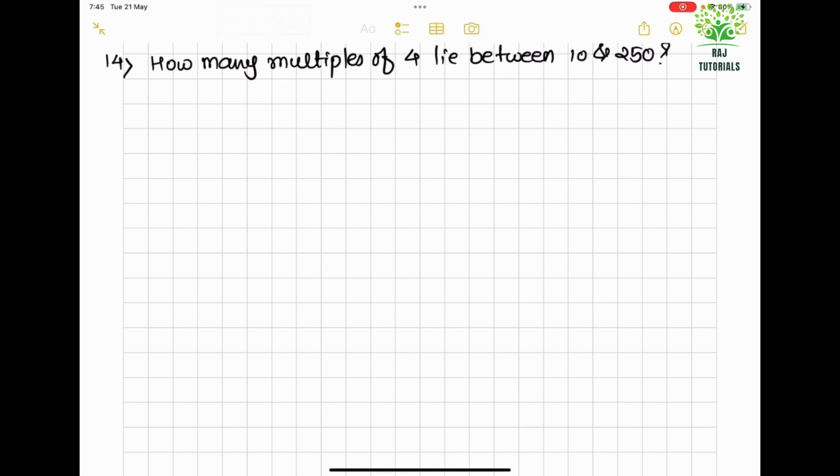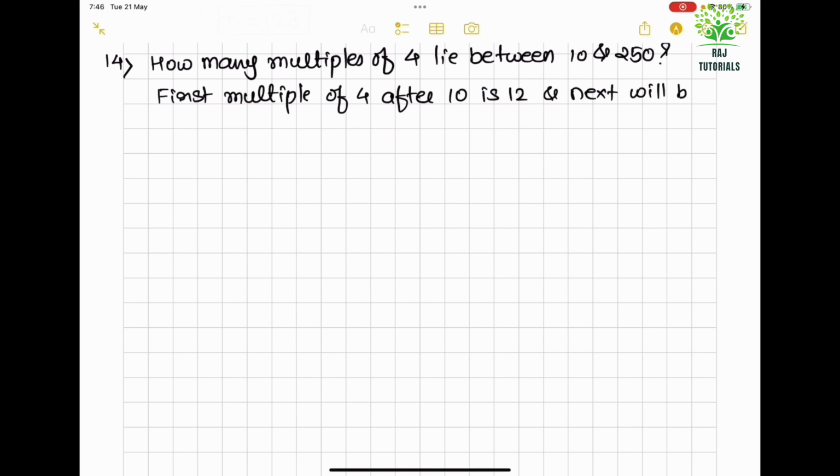Next is how many multiples of 4 lie between 10 and 250. Again doing the same way, see, the first multiple of 4 after 10 is 12, and the next will be 16.